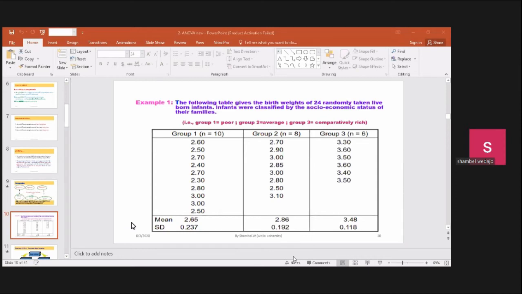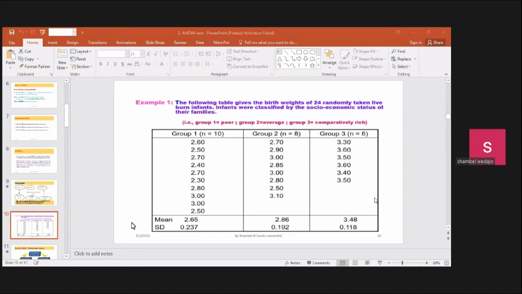So this is because of the grouping effect. This explained variation is also called grouping variation, or between class variation, or between group variation. So there are two types of variation: within variation and between variation.